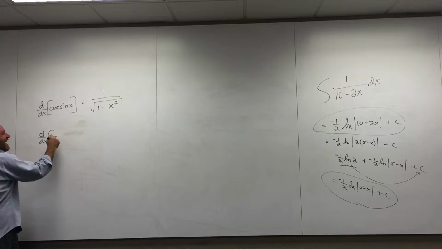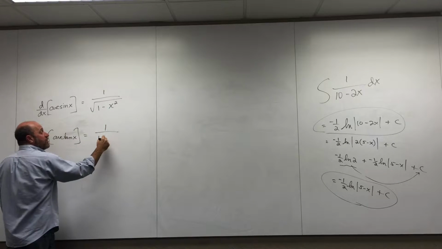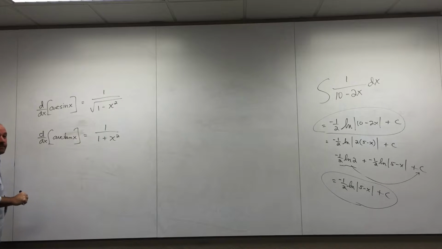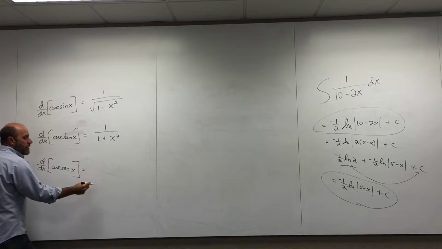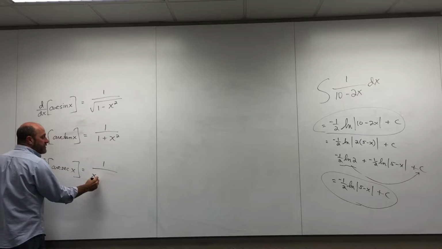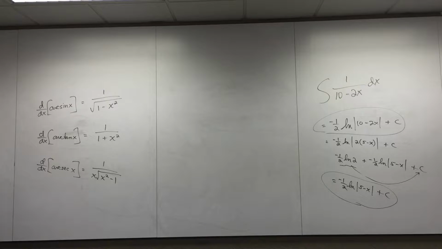Here's another one. The derivative of arctangent was 1 over 1 plus x squared, without a square root. Here's another one. The derivative of arcsecant was 1 over x in front of the square root of x squared minus 1, I think. There are 3 other arc-trig functions: arc cosine, arc cotangent, and arc cosecant.